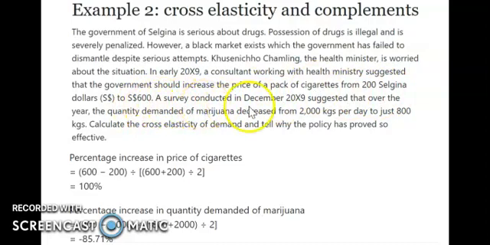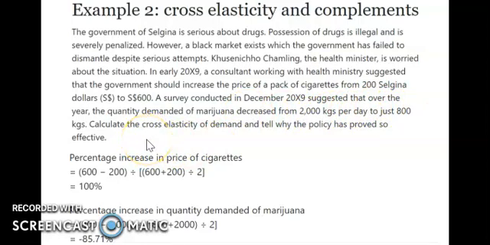A survey conducted in 2009 suggested that when there is an increase in the price of cigarettes, the quantity demanded of marijuana decreased from 2000 per day to 800.